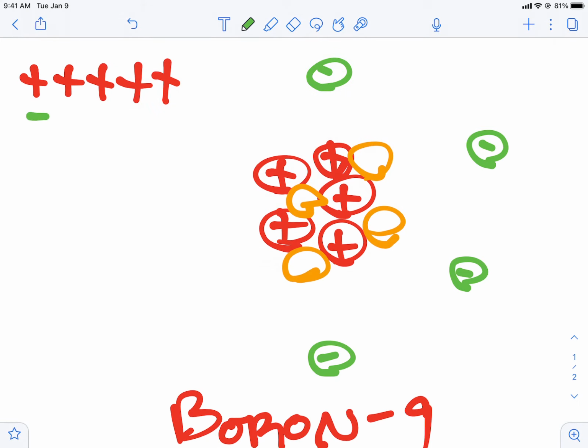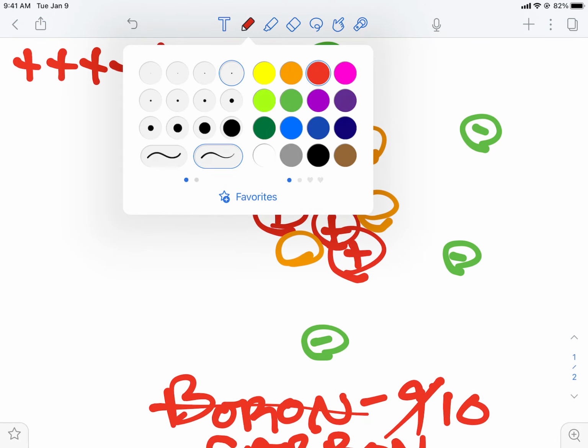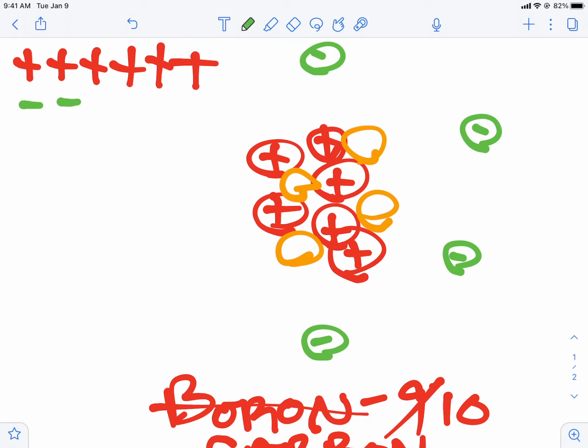Let's say I want to get a charge of -4 for carbon 10. If I want a charge of -4, that means my electron total has to be 4 more than protons. Right now I have 4 electrons, so I'm going to write those in. Right now my charge is 2 plus because I have 2 more positives than negatives, and my goal is to get to a charge of 4 minus.